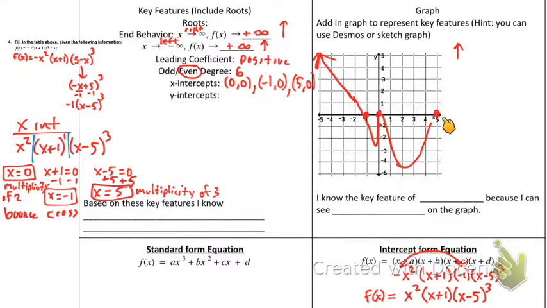And we have x equal to 5. That x-intercept came from this factor. He is an odd, which means odd, we're going to cross. Okay, so we're just going to cross back up. And there is our sketch.